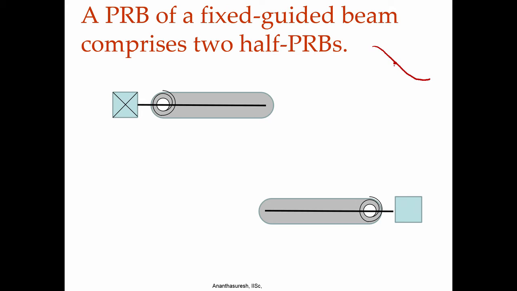So, if you apply a force in some direction, there will be a transverse component and axial component. So, when you have that, it is going to deform like this, and that is what we are using to model using PRBs. To have two half PRBs that we put together. The PRB means that we take this length to be a characteristic value gamma times the length of that, in this case L by 2.